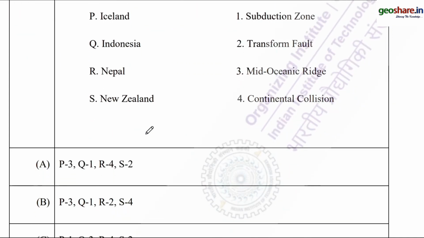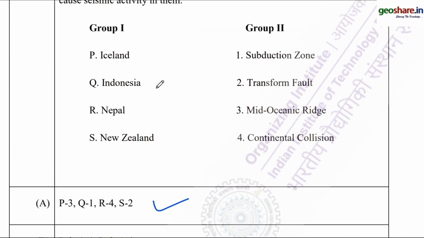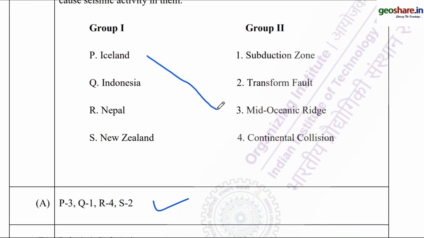The answer will be A. Iceland is mid-oceanic ridge. Indonesia, subduction zone. Nepal, continental collision. New Zealand, transform fault.